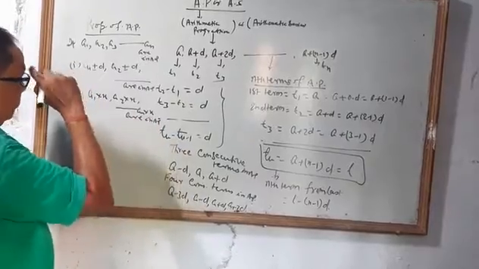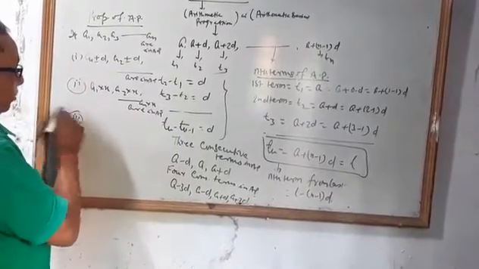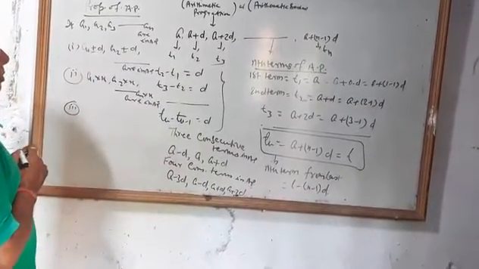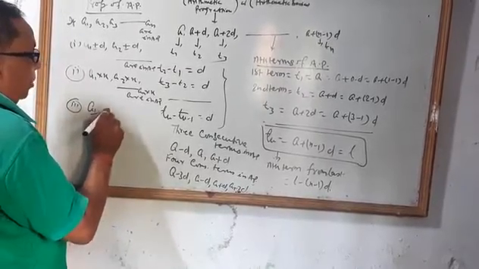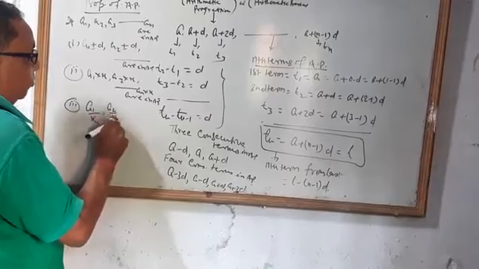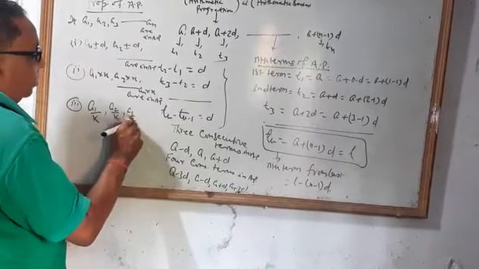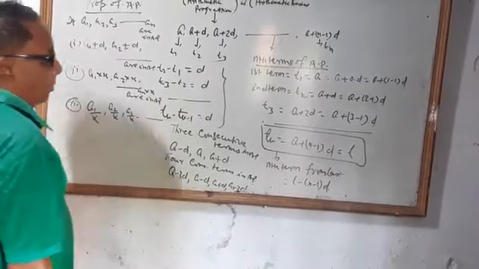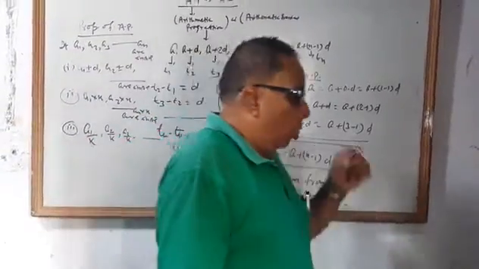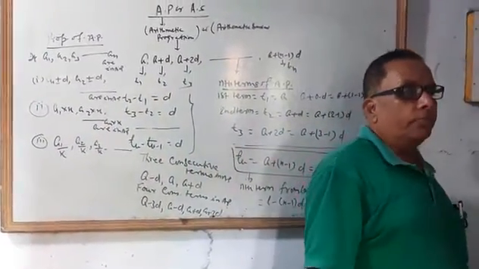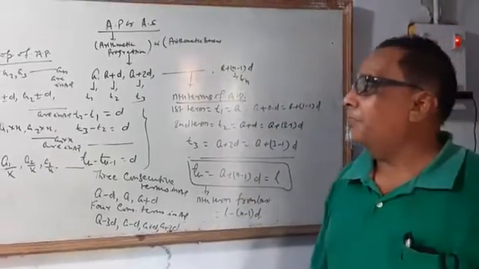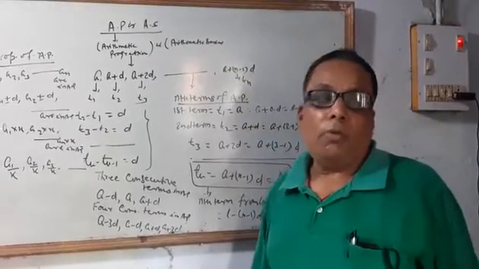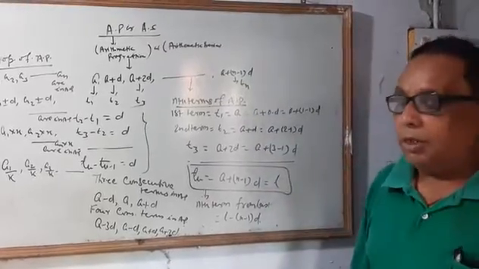Similarly, if you divide by a constant, a1 upon k, a2 upon k, a3 upon k, the result will be in AP. The next type of AP problem is based on arithmetic means.